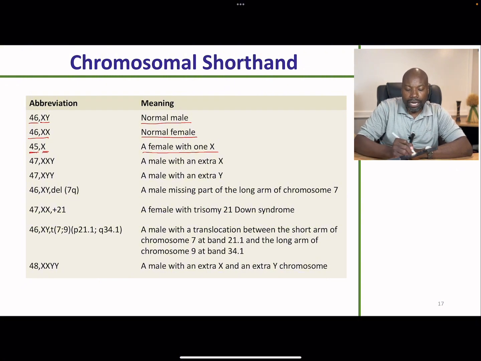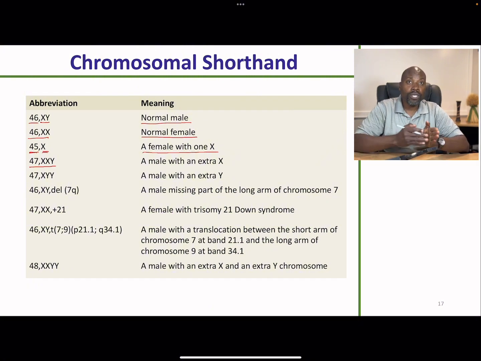Then we have an individual that is 47XXY. So what do you say? 47, what does that mean? I'll let you figure out the answer. Okay, 47 means you have an extra chromosome. So 46 plus 1, that's 47, right? Now, the question is, which one is the extra chromosome, right?